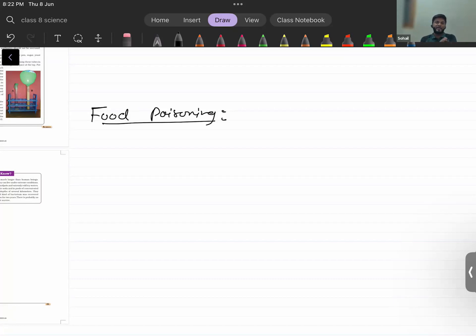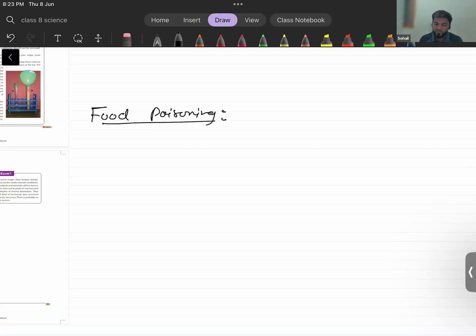The bacteria and fungus, most likely they will start to feed on your food. And there might be some toxic substance in your food as well. Those bacteria and fungus will act on the toxic substances present in the food, and it might convert those toxic substances into acid or some other component, and the food will start to decompose. Hence it will not be good for you to consume it.